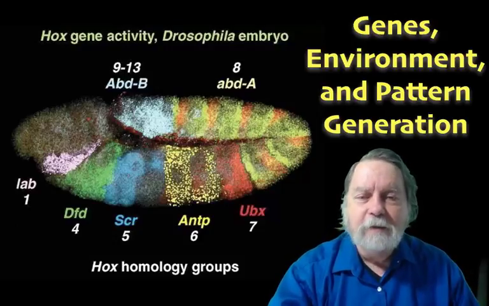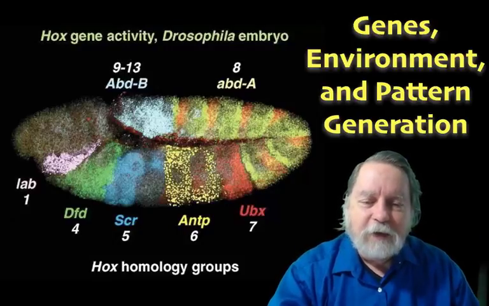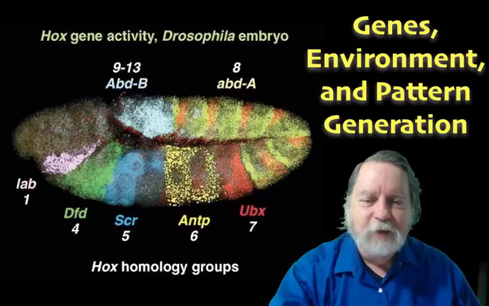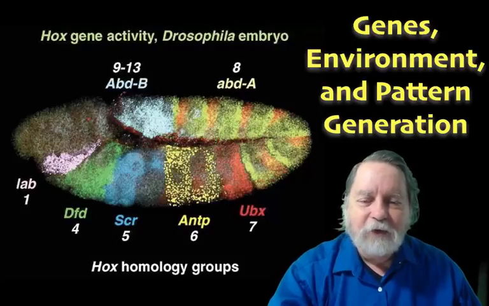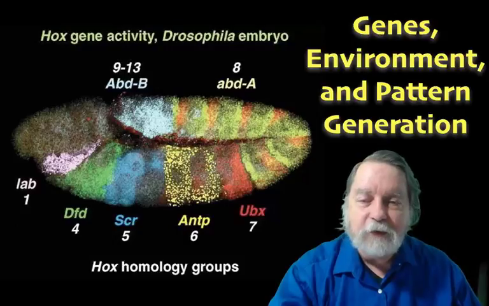And I'm cheating. In this video, I'm opening with a picture of Hox gene expression, because whenever anybody talks about evolution and development, they always think of Hox genes, for better or for worse. Hox genes are very cool. What you see in this picture is a series of different Hox genes that have been labeled with different fluorophores, different colors, so that you can see where they're expressed.